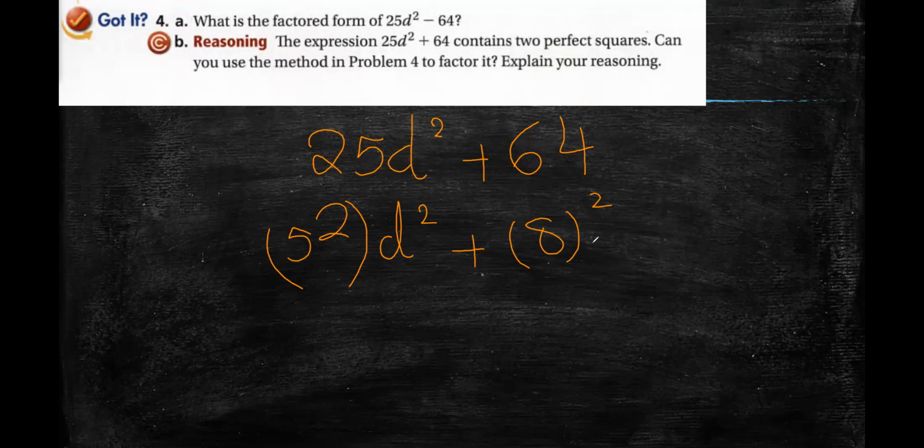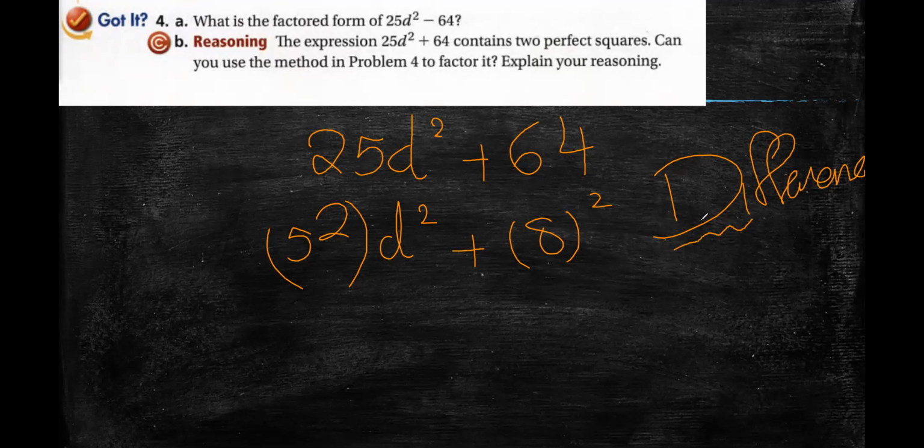Now, look at this one here. Can I factorize them? Yes, miss. No, teacher, it's a plus sign, not a negative sign. Oh yes. We can only factor a difference of two squares, not a plus.